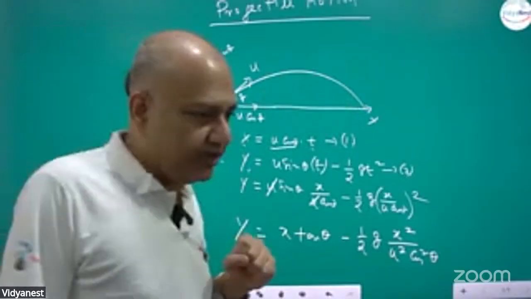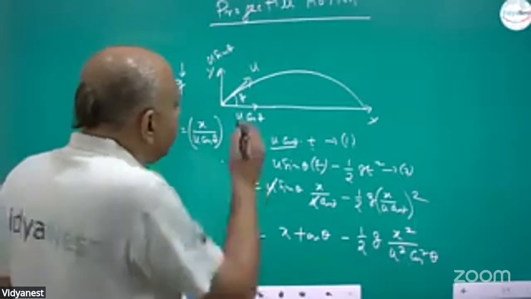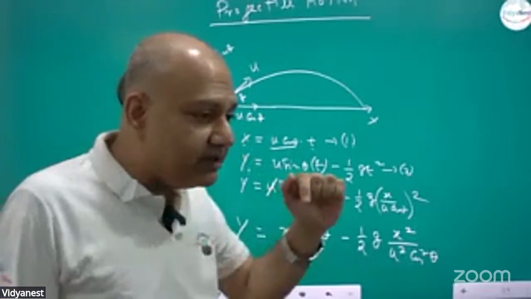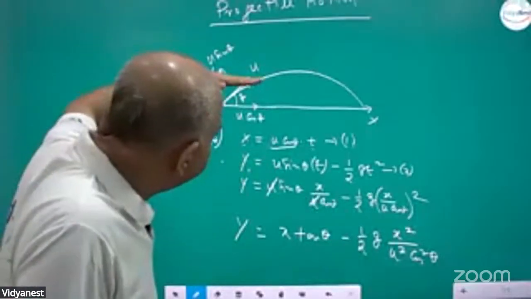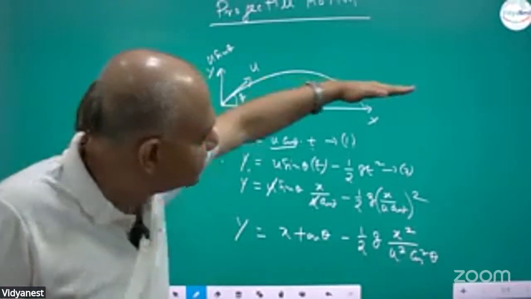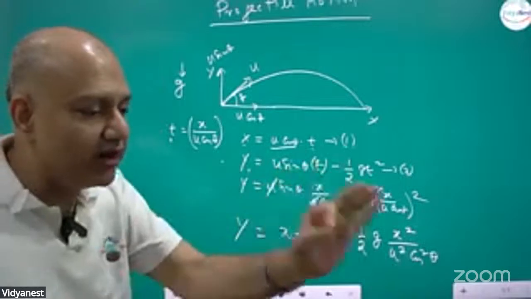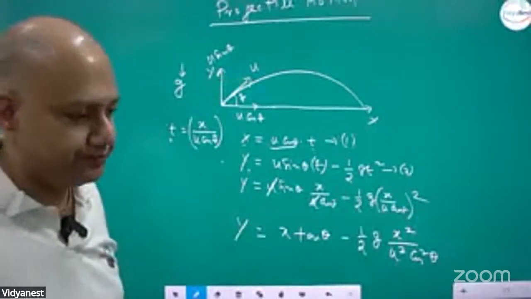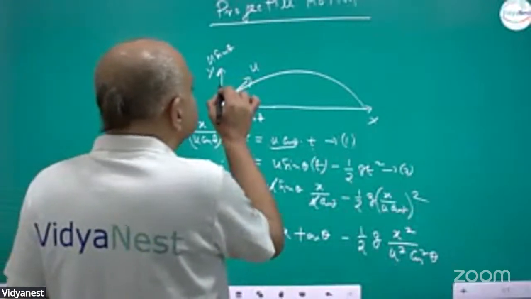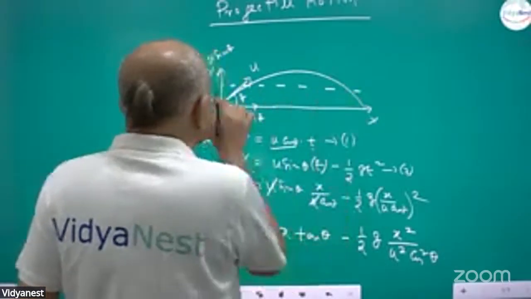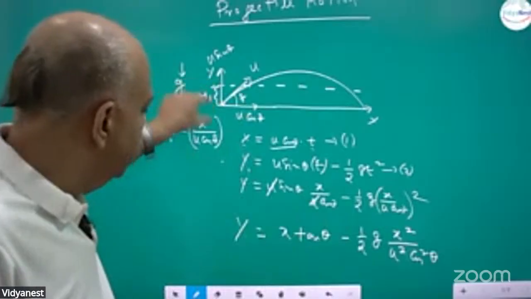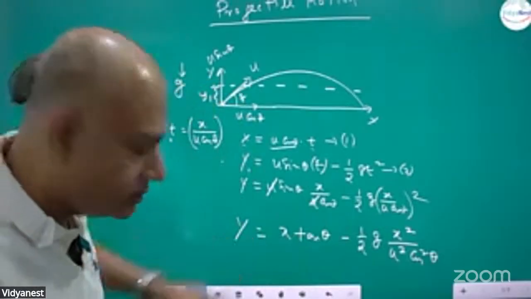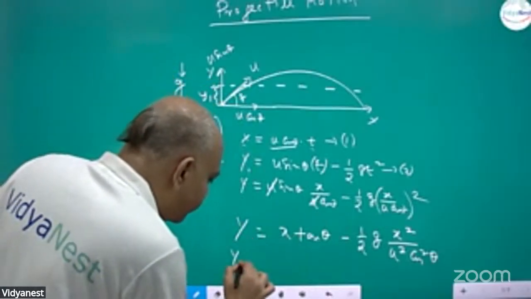Now see, suppose one piece of information is given, a particular vertical height. Suppose this is y1, it is given. You can put it here, y1.